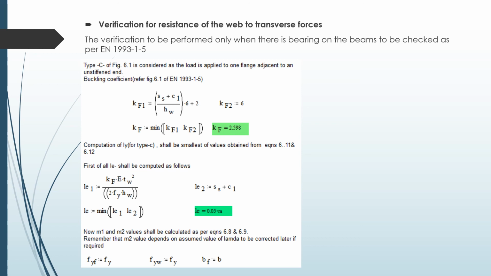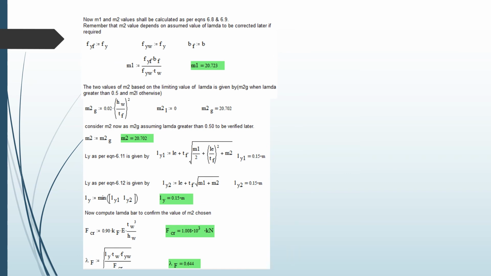Now we shall proceed for the calculation of m1 and m2 as per equations 6.8 and 6.9. Please remember that the value of m2 depends upon the assumed value of lambda, which shall be corrected if required later. In our case, m1 is calculated as fyf into bf divided by fyw into tw, that is m1 equal to 20.723.